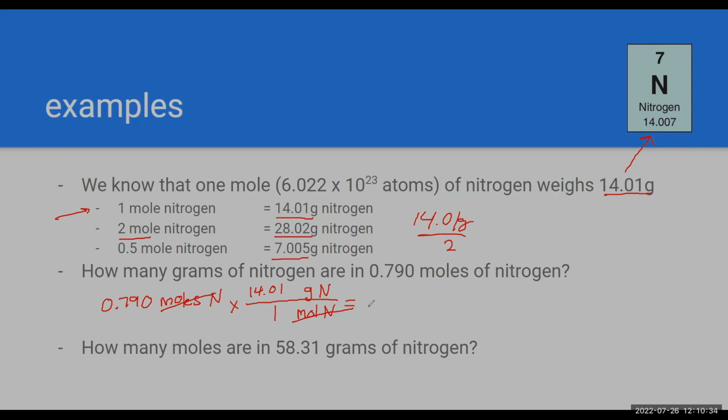And we should get an answer of 11.0679. And remember that we're keeping track of significant figures. So we have 3 sig figs in the given, so 0.790. I'm going to report 3 significant figures. So our answer should be 11.1 grams of nitrogen.